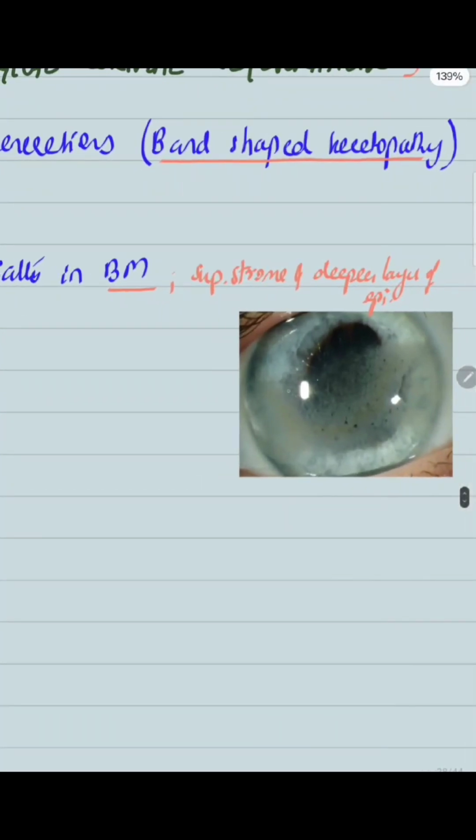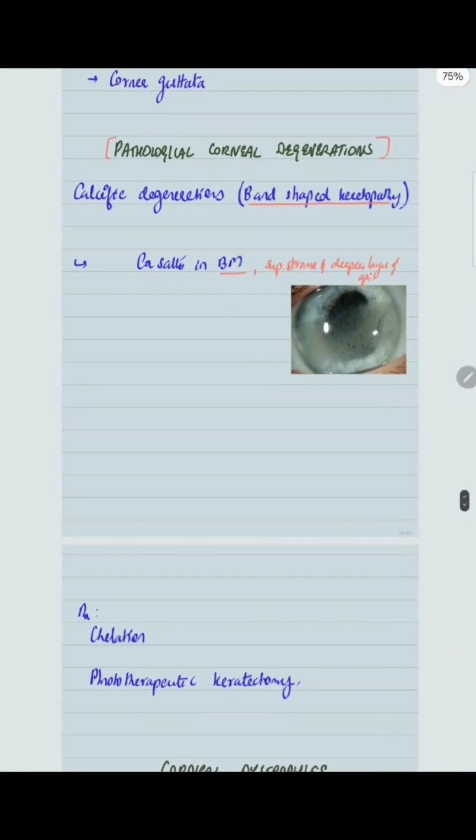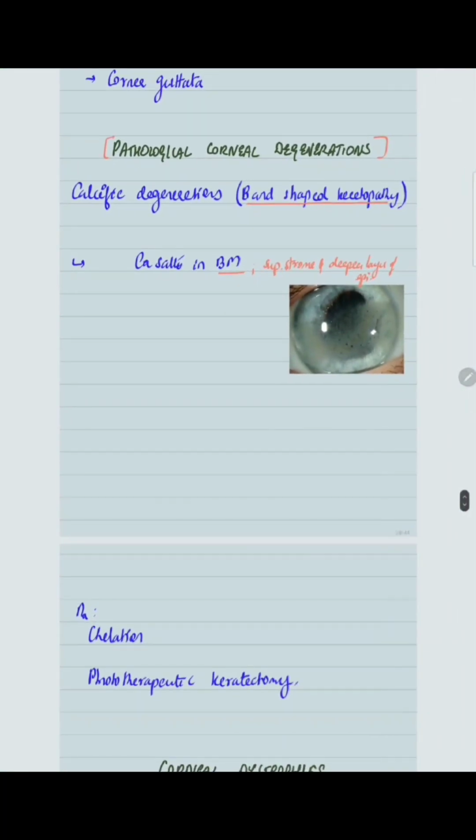This is a picture showing band-shaped keratopathy. In children, band-shaped keratopathy may be a presenting sign of chronic uveitis as a result of juvenile idiopathic arthritis.